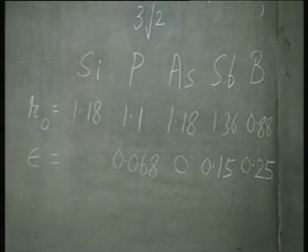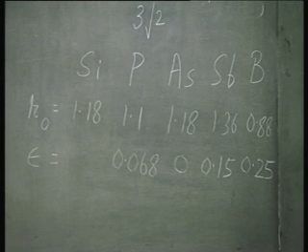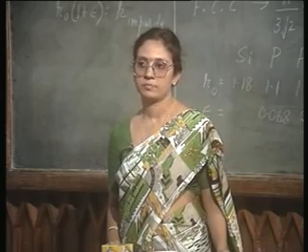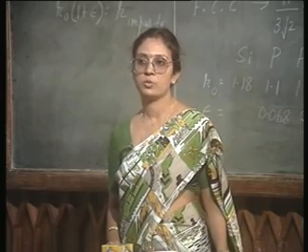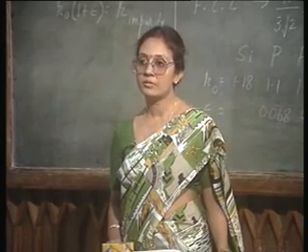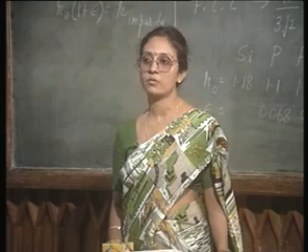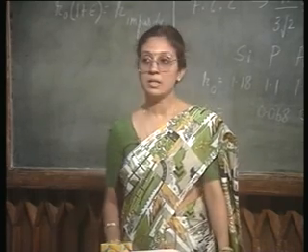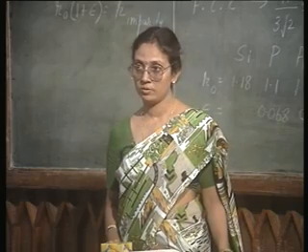This brings us to a very interesting point. Boron is a group 3 element. So, we need boron in order to dope the silicon p type. Unfortunately, the tetrahedral radius of boron differs considerably from that of silicon, so that the misfit factor is actually the largest among all.